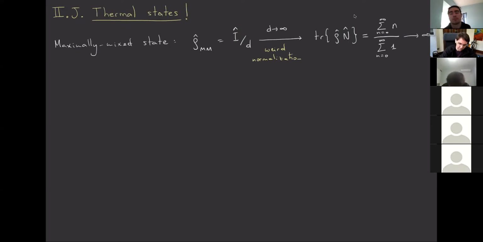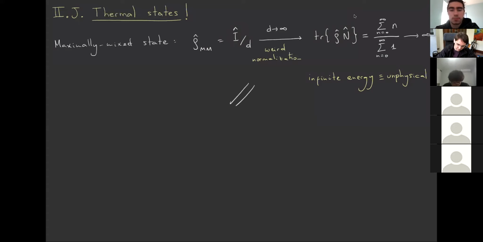So this is telling you that this maximally mixed state in infinite dimension has infinite energy, which means that it's unphysical. If you want to generate a maximally mixed state of infinite dimension in this kind of definition, you need an infinite amount of energy, and therefore it's not possible to do that.